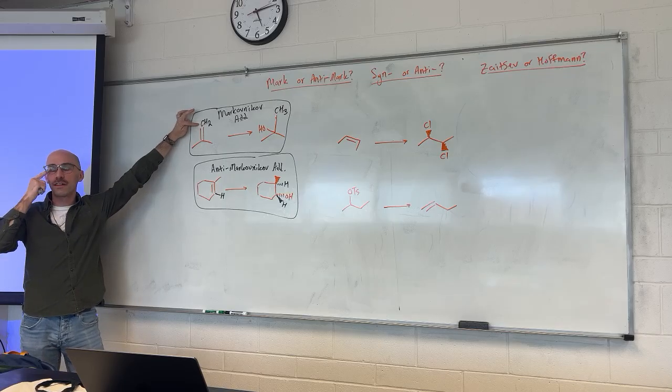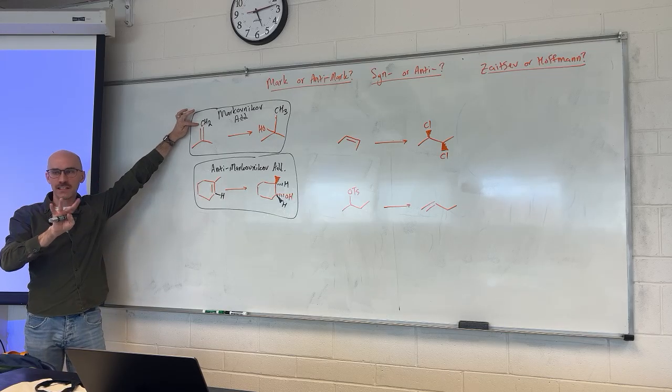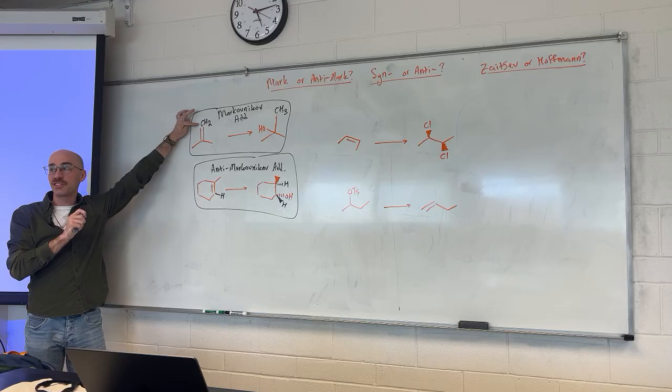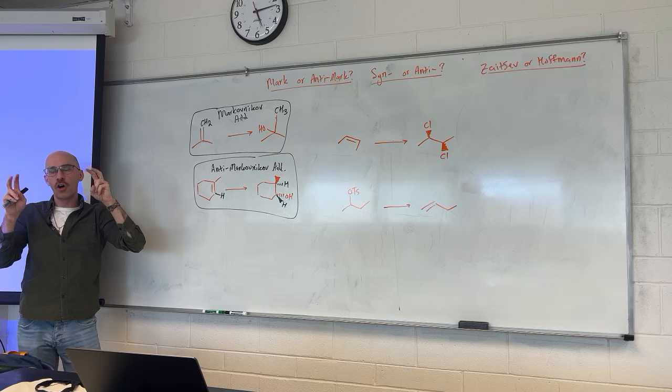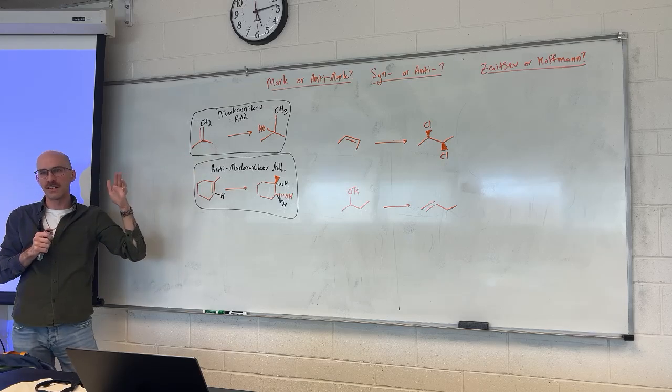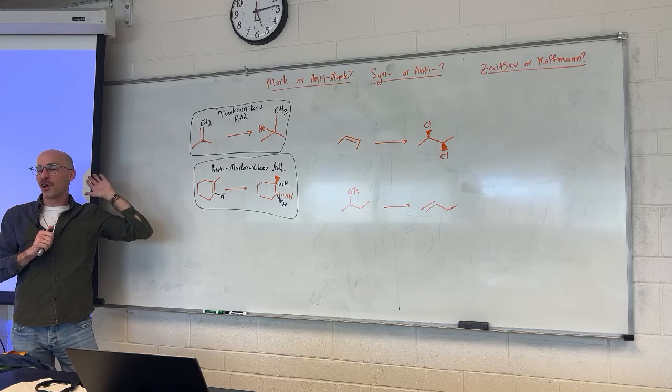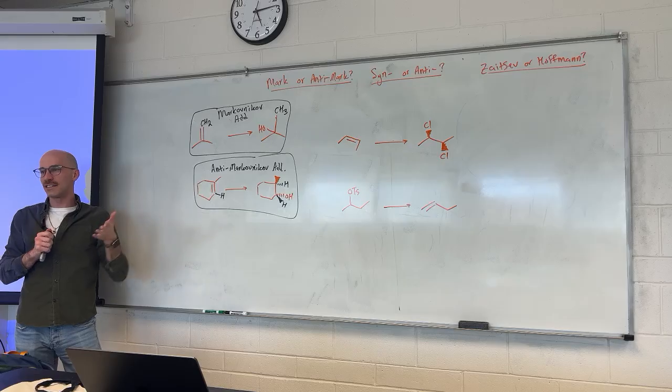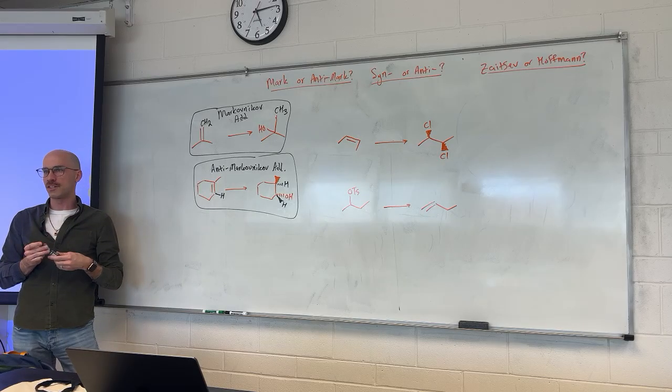So Markovnikov and Zaitsev were kind of contemporaries. They lived around the same time. Markovnikov had his PhD first and actually made some waves saying Zaitsev's rule should not be, what we call Zaitsev's rule, which Zaitsev was working on to get his PhD. Markovnikov said Zaitsev's idea doesn't make any sense and he shouldn't earn his PhD for the work he's done.